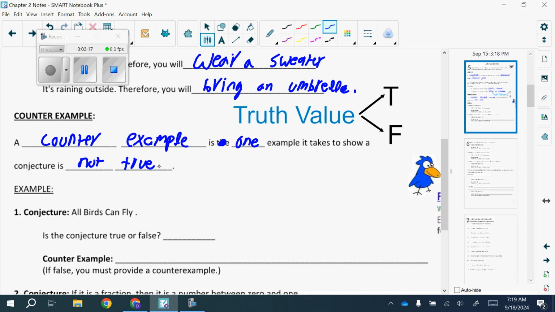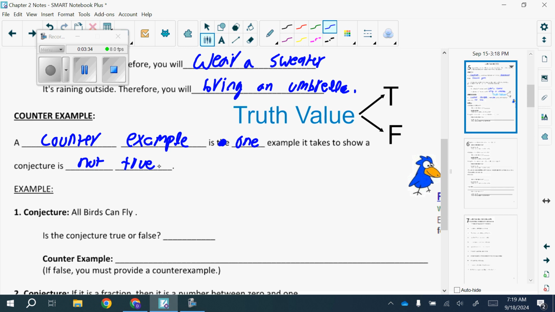So the reason why I kind of don't like the word the in front of there is there can be more than one counterexample. In fact, there could be an infinite number of counterexamples, but you only need to state one of them to disprove a conjecture.